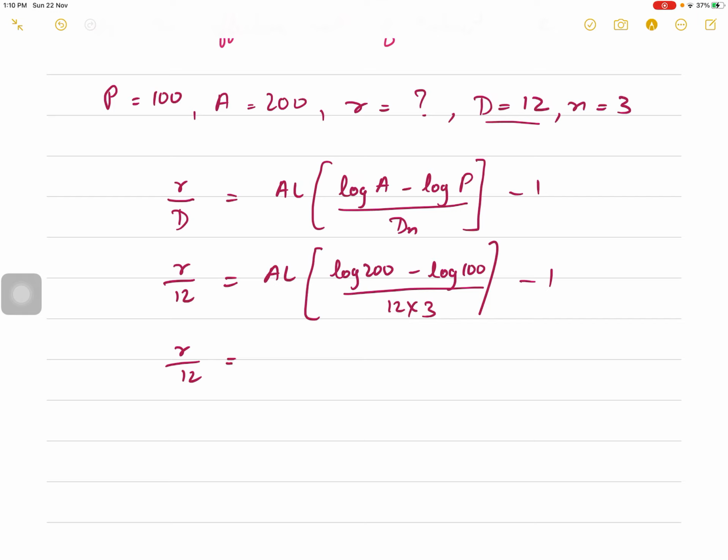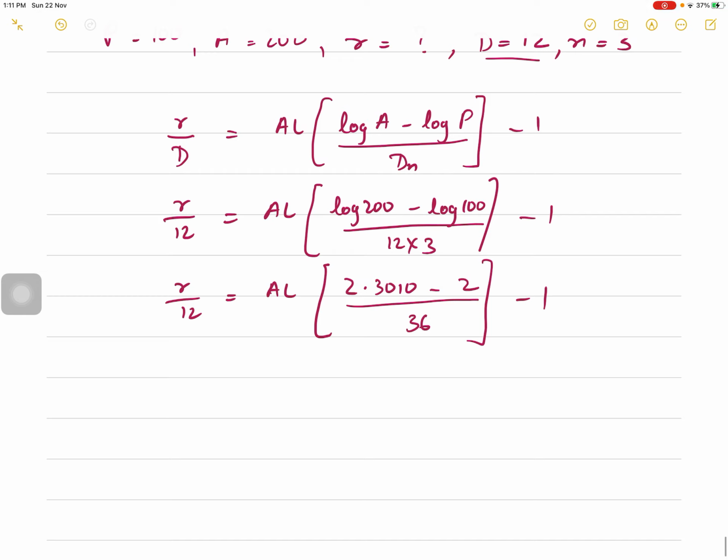So R by 12 is equal to antilog of log 200. We have calculated it many times. 2.3010 minus log 100, which is 2, divided by 36, minus 1. So R by 12 is equal to antilog of 0.3010 divided by 36.